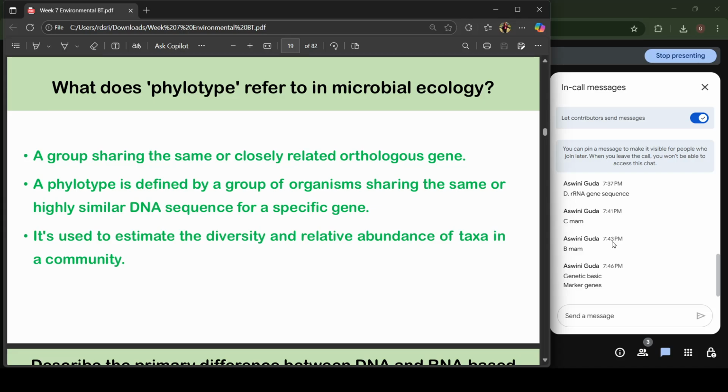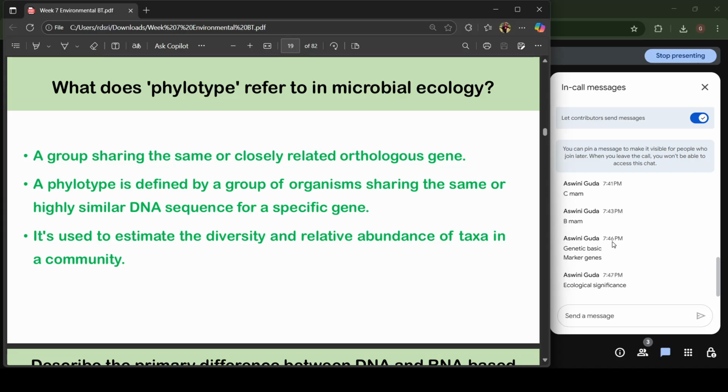Okay, genetic marker genes, right? More or less similar. So, a group of microorganisms that share the same or closely related orthologous gene, we generally refer to as phylotypes.